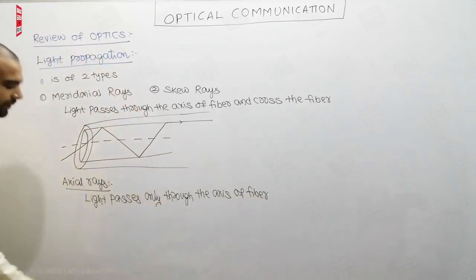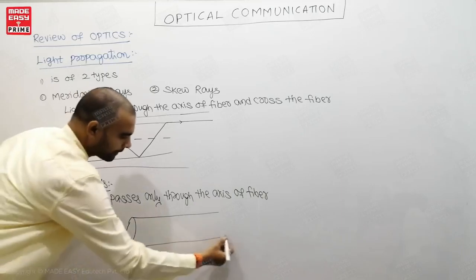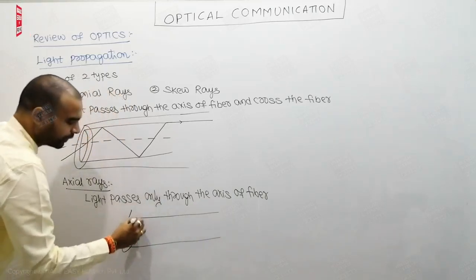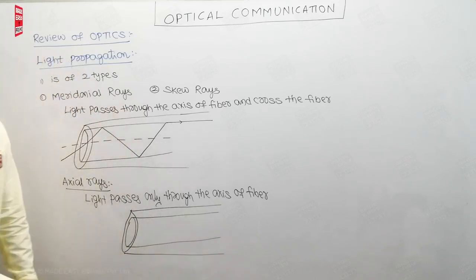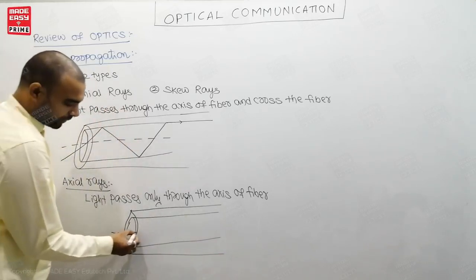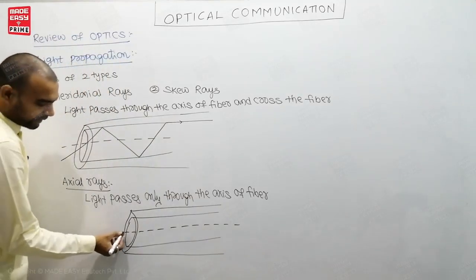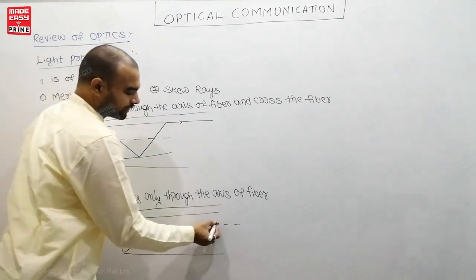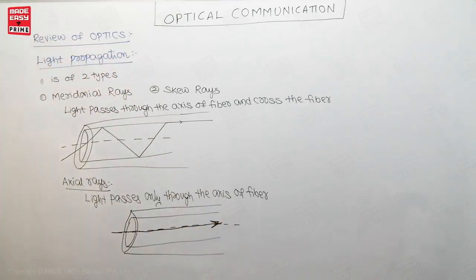Only through the axis of the fiber, meaning the core. This one is called the cladding, and this one is the axis. The light ray passes along this axis, and that is called the axial rays we are having.